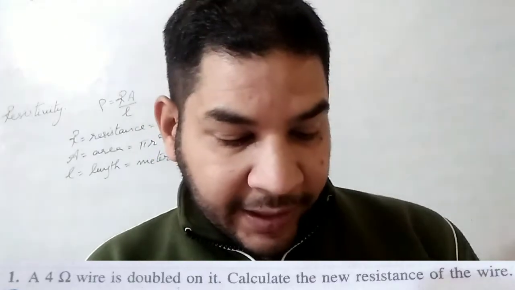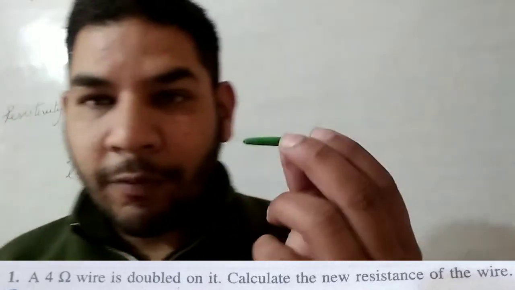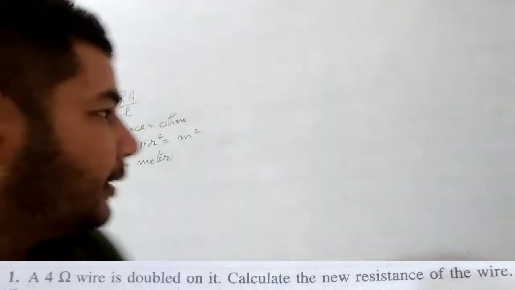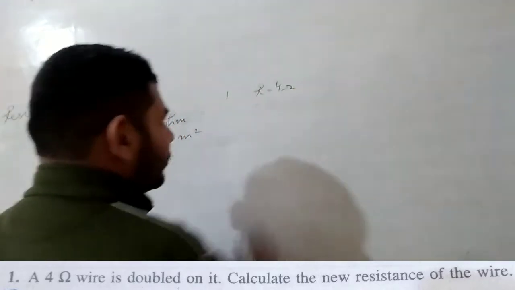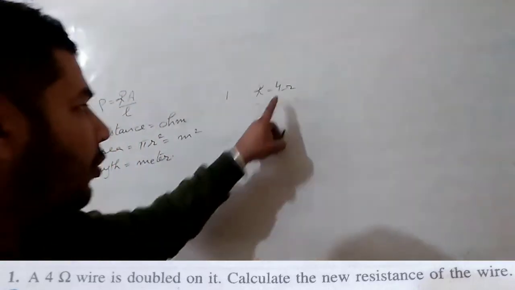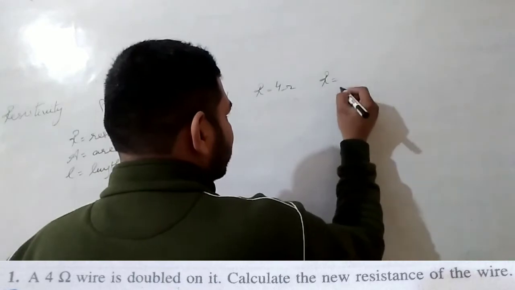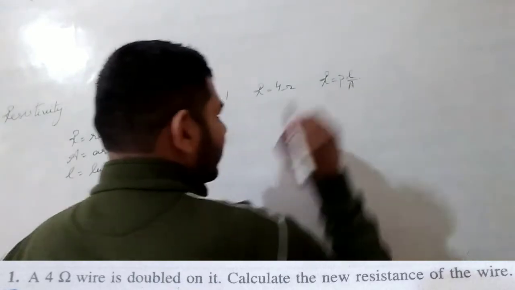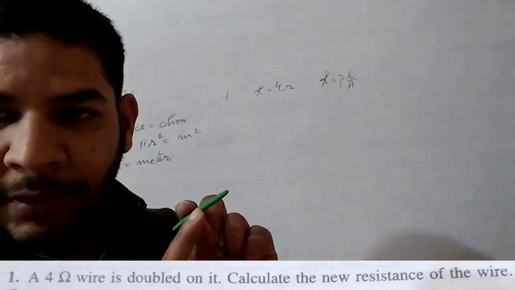A 4 ohm wire is doubled on itself. Calculate the new resistance of the wire. Let resistance be 4 ohm. Resistance is 4 ohm, given, and we have the formula R is equal to rho L by A. Resistivity is constant because we have the same material.